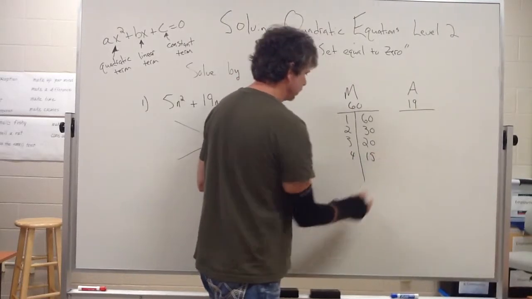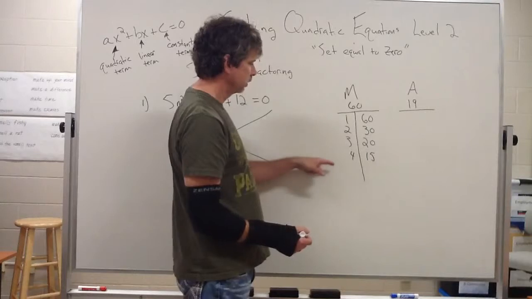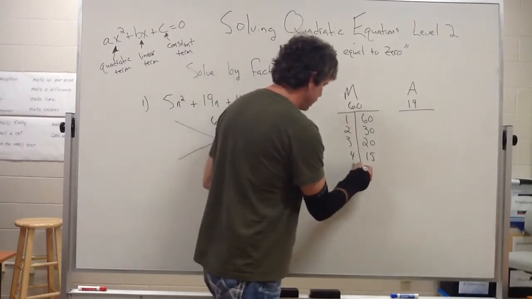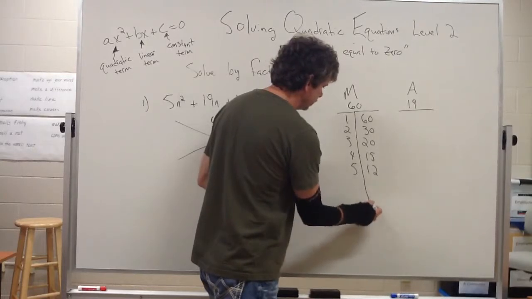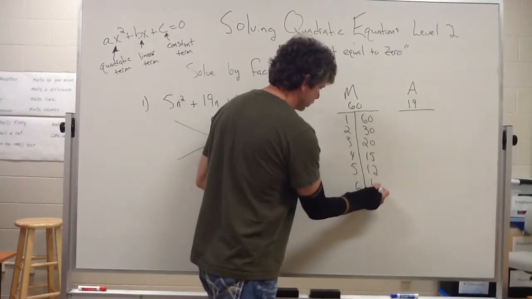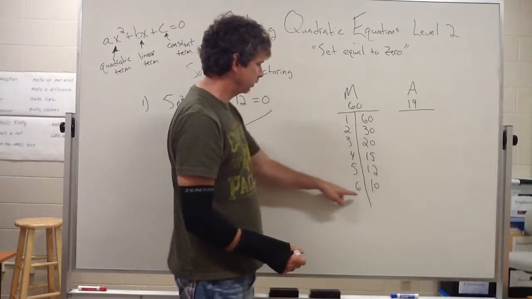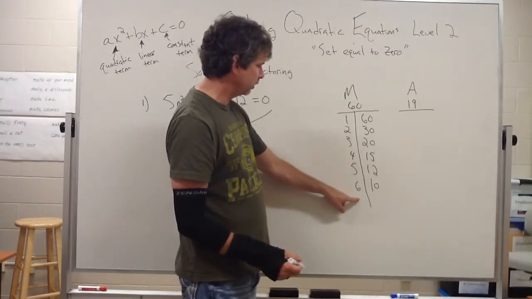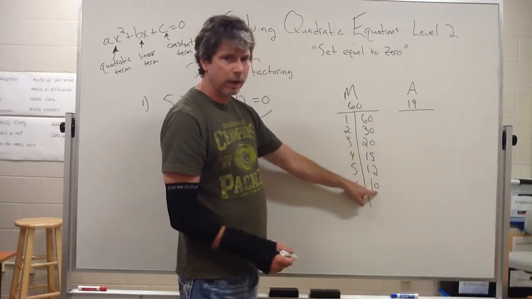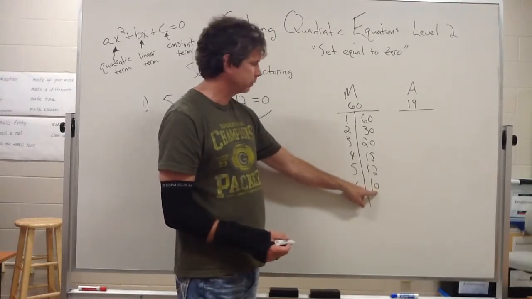That makes sense. 5 goes into 60, 5 times 12. 6 times 10. A lot of factors for 60. Does 7 work? No. 8? No. 9? I don't see that either. 10's here. Now I can stop looking for factors.